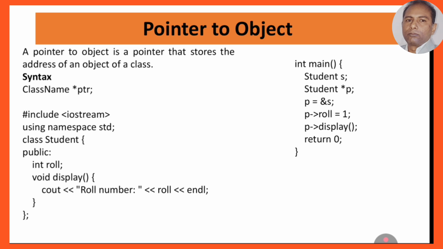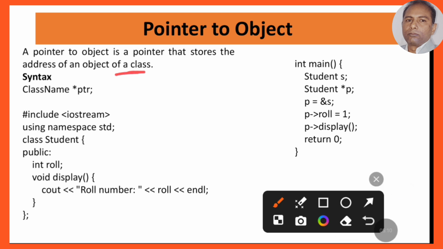If we talk about pointer to object, if you understand the pointer, it has the location of a certain variable. A pointer to object is a pointer that stores the address of an object of a class.